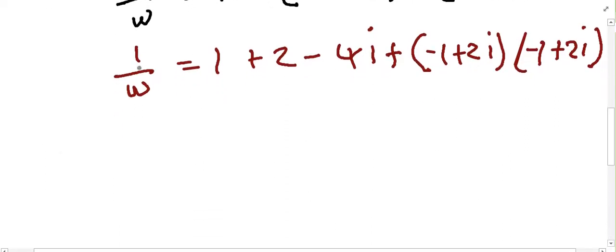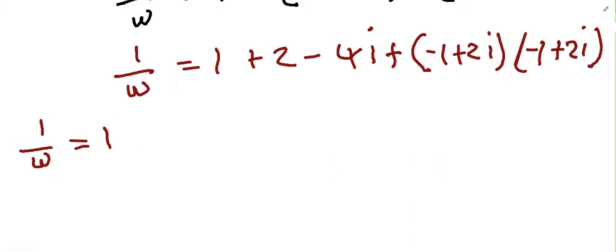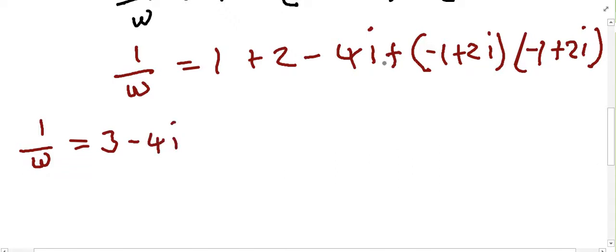If you were to work it out, you're going to find 1 over w is simply equal to, sorry, you are going to find that this one and that 2 are like terms, so it's going to be 3 minus 4i, then this one times that one is plus 1.